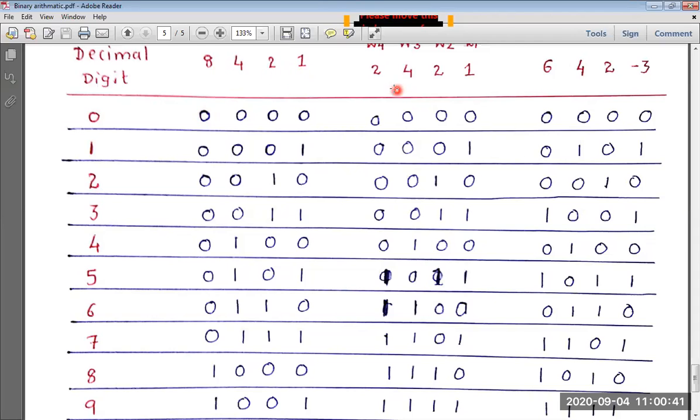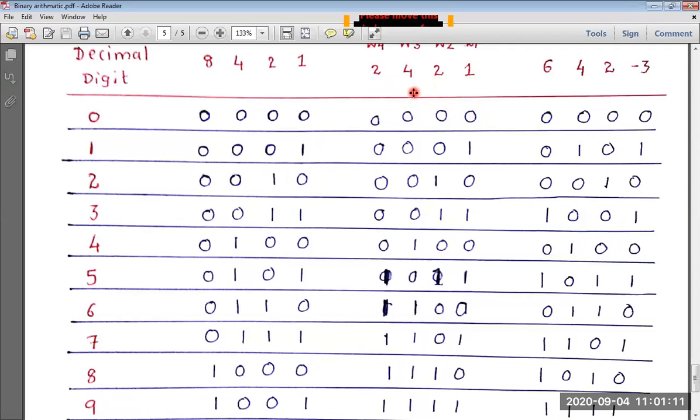Now let's look at other types of codes. We have another example in which 2421 are used as weights. This is the first digit, second digit, third digit, and fourth digit. So 2 is the weight given to the fourth digit, 4 is the weight given to the third digit, 2 is the weight given to the second digit, 1 is the weight given to the first digit.